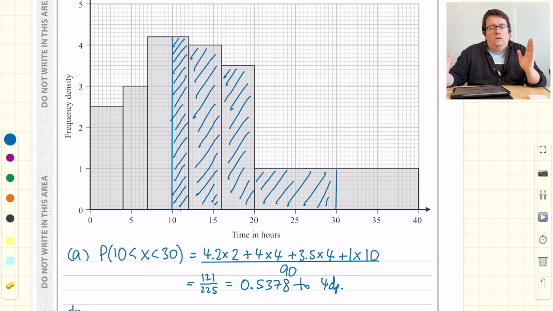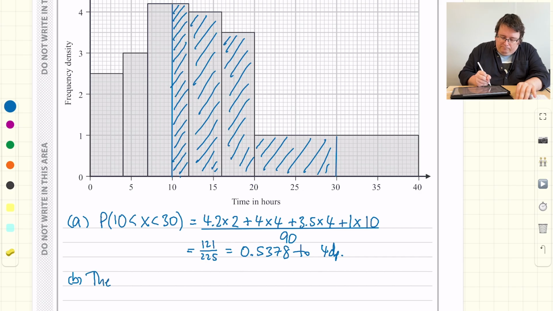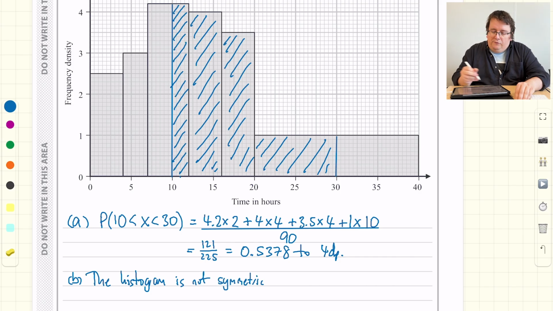Okay. If we were to model it using a normal distribution, it would need to be symmetric, and this clearly is not. So the histogram is not symmetric. In fact, it's got positive skew.